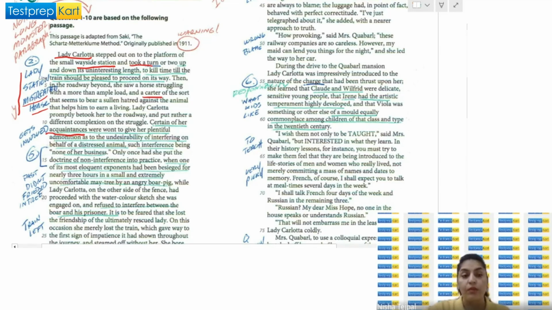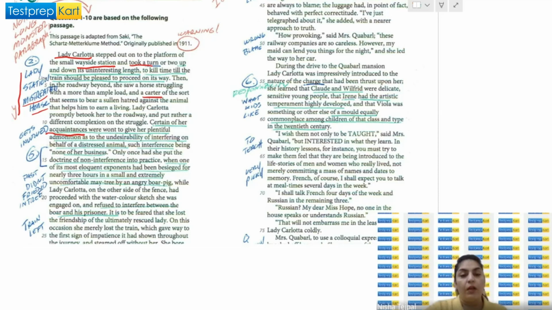Only once had she put the doctrine of non-interference into practice, means she has now put the doctrine. Doctrine means principle. She has now put it into practice, means she is practical now. She's working on that principle of non-interference, where she should not interfere, but she is interfering.